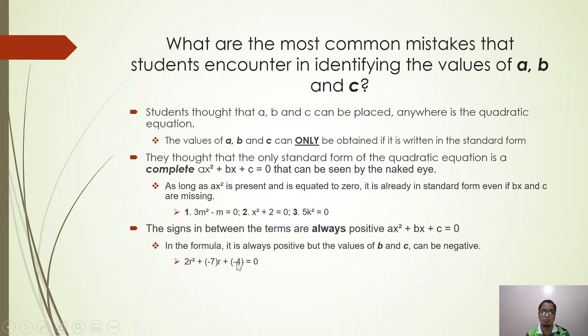Positive at negative, magiging negative. Kaya ang mag-a-appear po na given po sa atin ay ito: 2r squared minus 7r minus 4 equals 0. But still, it is in the standard form of the quadratic equation. Sana maliwanag sa lahat. Para sa mga susunod po nating pag-aaral, hindi na po tayo mangangapa.